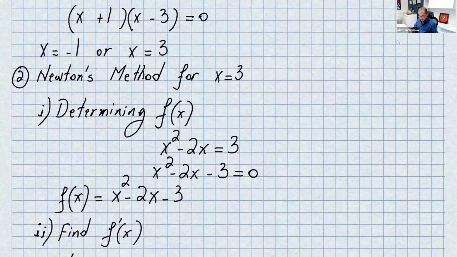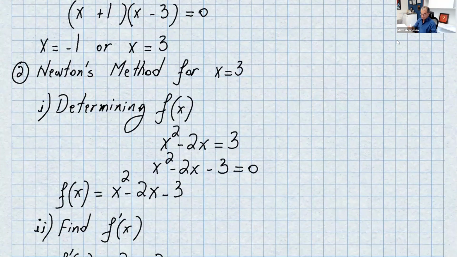Now let's use Newton's method for the same problem. I chose to solve for x equals 3 because you have to pick an x1 and then continue the iteration after that. So step number 1 is determining f of x.